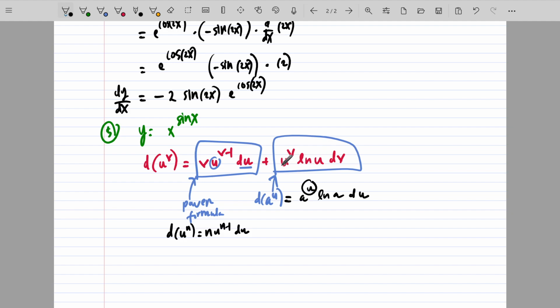So ln nitong u and then derivative nitong exponent, di ba? Kasi dito ang exponent is u, dito naman ang exponent is b. So, derivative ng b. So, if u and b are both function of x, diyan ka maglalagay ng dx. Napakasimple lang. Isa pang way diyan, kung hindi mo ma-memorize yung u raised to b, pwede kang mag-logarithmic.